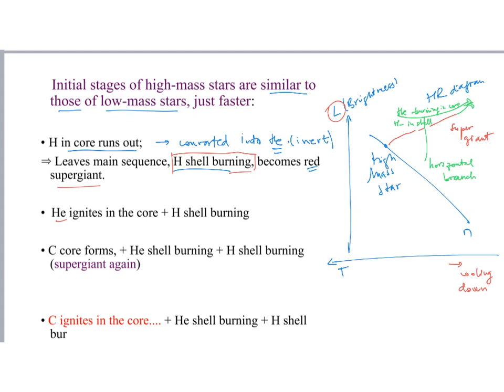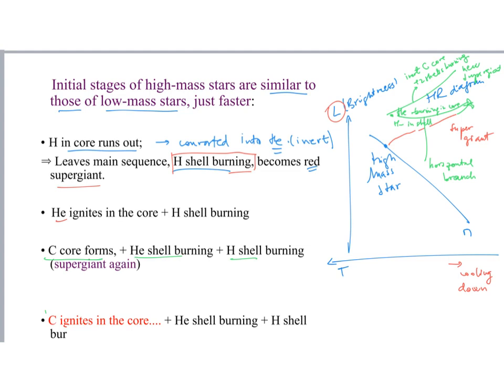But now we have enough gravity to push in. The carbon core forms, and you end up with now a new phase, new supergiant, and you have an inert carbon core and then two shells burning, the helium and the hydrogen.